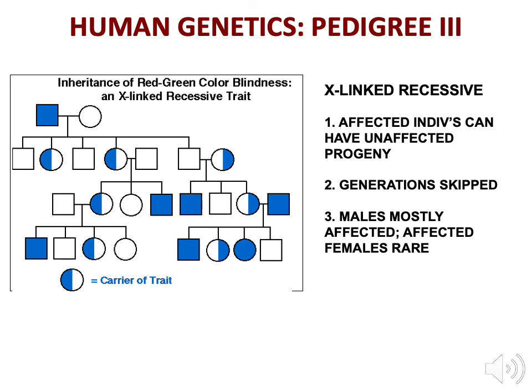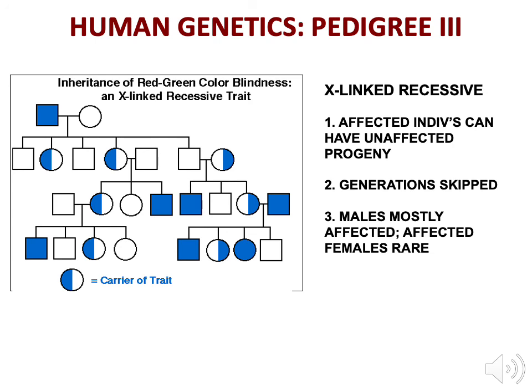They do not demonstrate the X-linked trait, like colorblindness, but they can pass it on. So in this case, a female who is represented by a half-shaded circle is a phenotypically normal female, but one who has the X-linked trait and can pass it on to future generations.